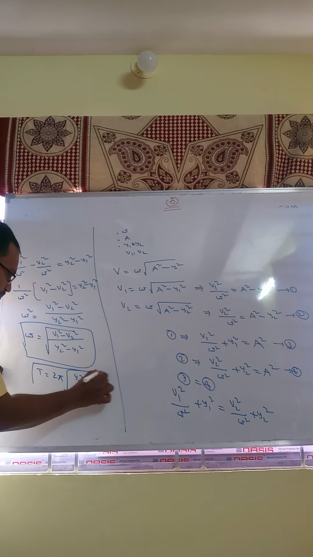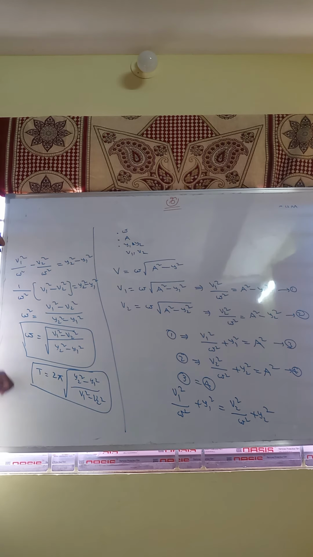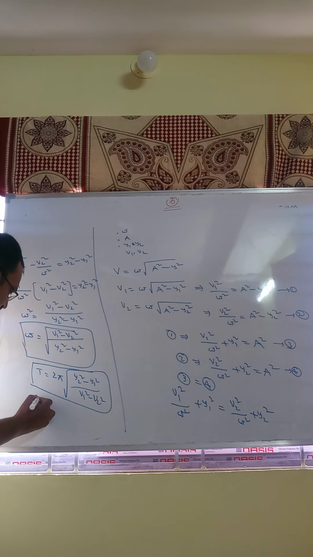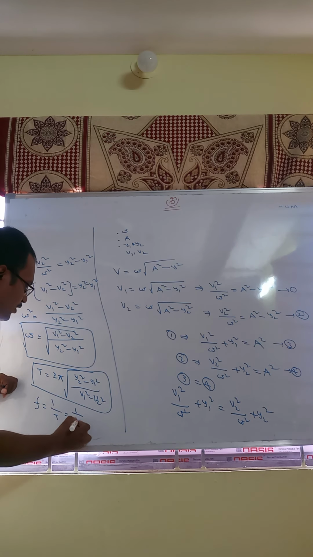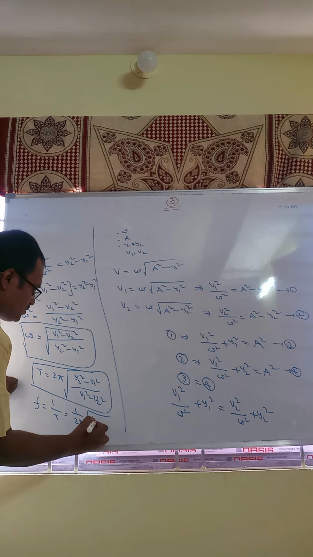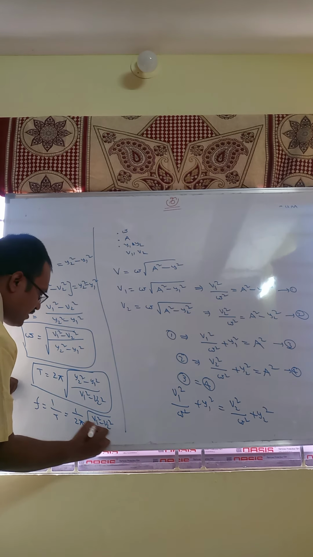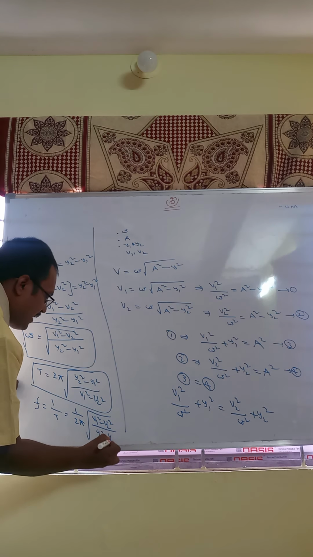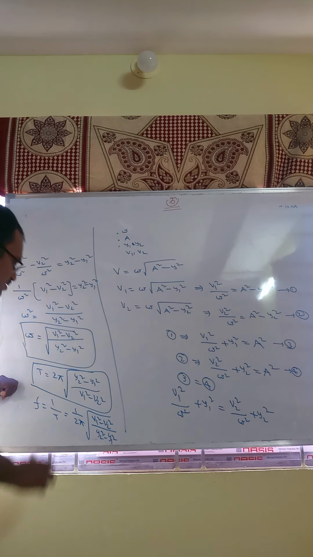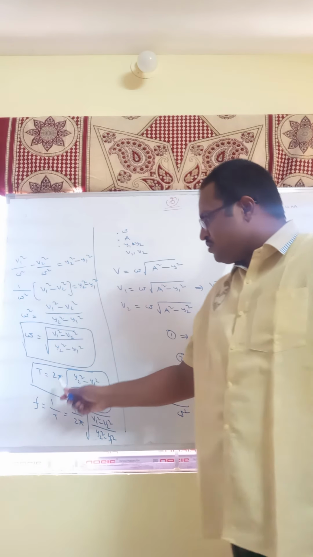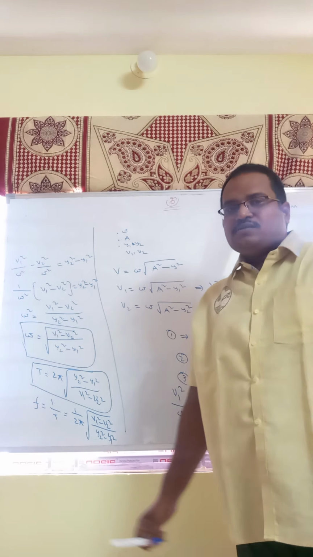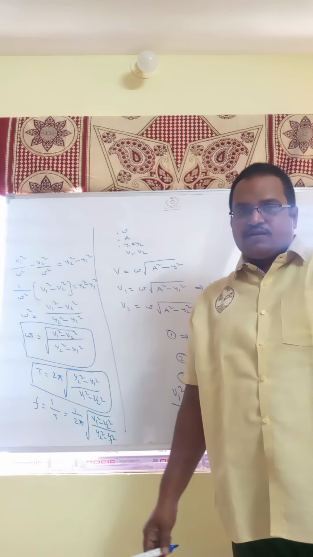This is the time period of the particle in SHM. And for frequency, f equal to 1 by T, so that is 1 by 2 pi into root over v1 square minus v2 square by y2 square minus y1 square. This is the frequency of a particle in simple harmonic motion.